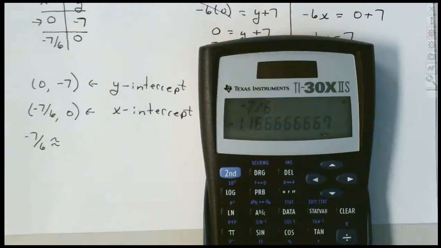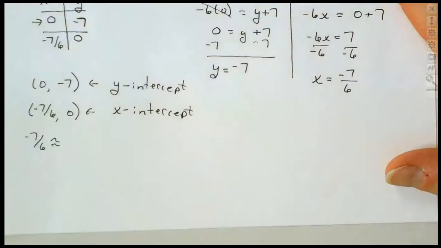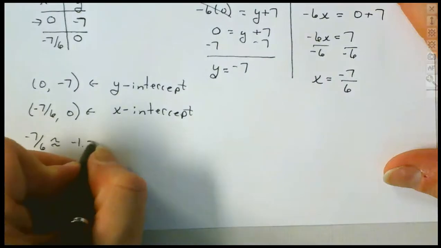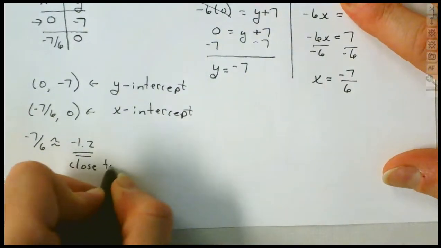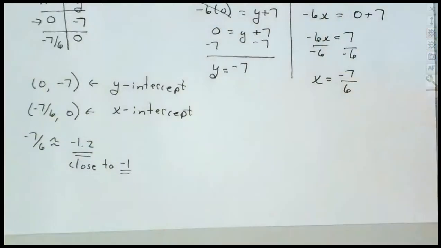And I know it might be hard to read there, but that's going to come out to be a negative 1.16. Okay. Well, if you round, negative 1.2, approximately. And so what do we know about that one? Well, that's going to be close to negative 1, isn't it? Okay. Because minus 1.2 is going to be close to negative 1.